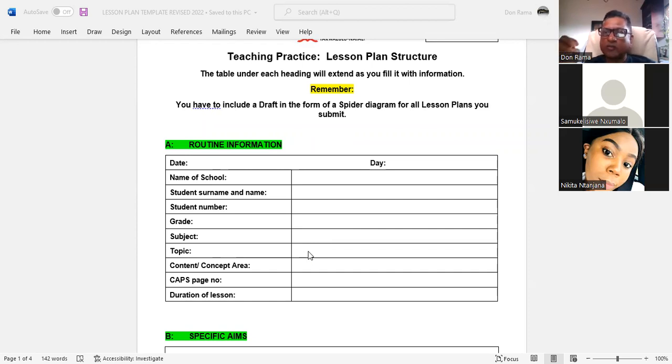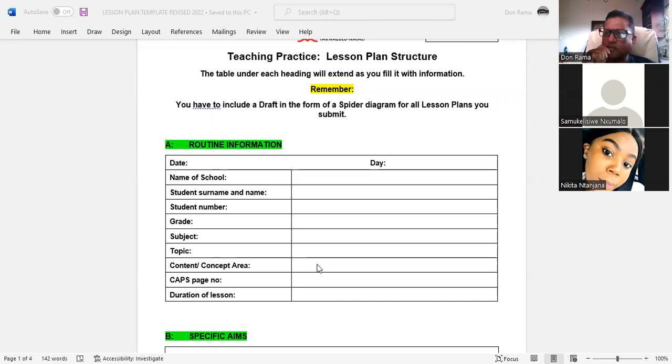Now, the topic is normally taken from the CAPS document, which we will look at a little later. So all the topics that you will teach in a classroom are given to you in the CAPS document. So let's say you are going to be teaching triangles. So you'll just write triangles over there. Your concept and content area, actually concept should come first, concept and content. The concept is under this topic of triangles.